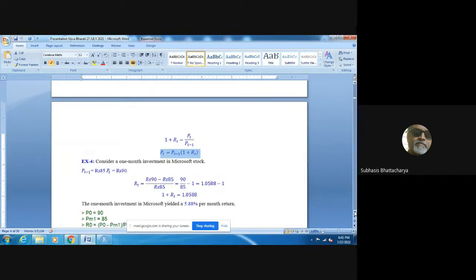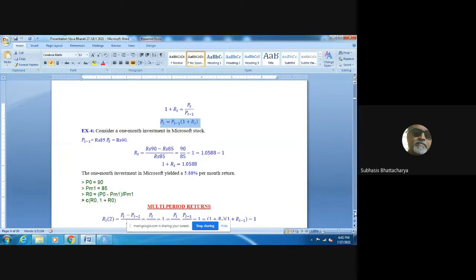So we consider a simple example of return. Suppose the stock of Microsoft is there, and its price at time t minus 1 is rupees 85 and it is 90 at time t. You can easily calculate this: 90 by 85, that is 1 plus RT equals 1.0588. So that means 1 month investment in Microsoft yields a 5.88% per month return.